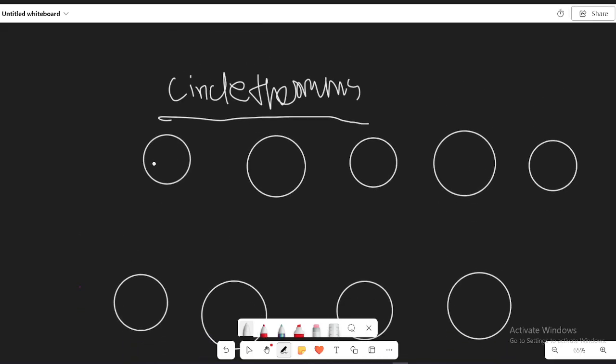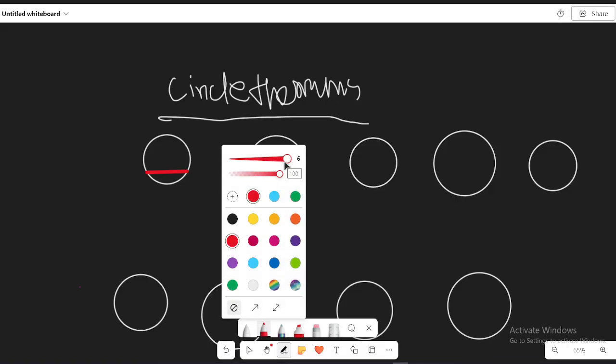So the first one is that if we have, let's say, a chord going from here, just the lines.